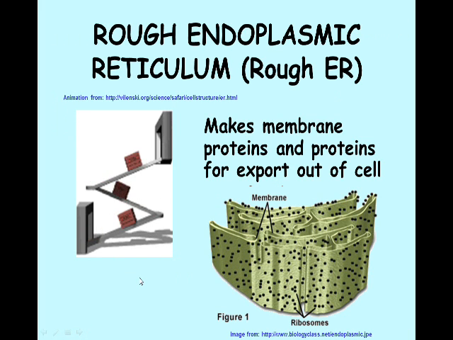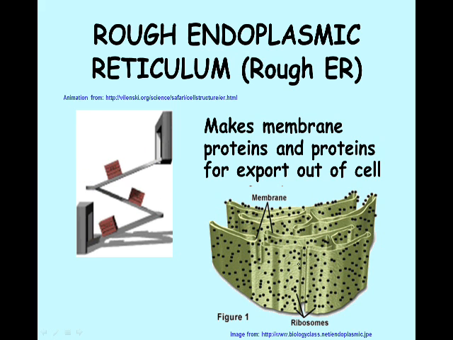The rough endoplasmic reticulum, or rough ER for short, is rough because of ribosomes. Remember in our last slideshow we talked about ribosomes being our protein factory, and if ribosomes are making proteins for transport, export out of the cell, they are attached to this membrane system called the rough ER.